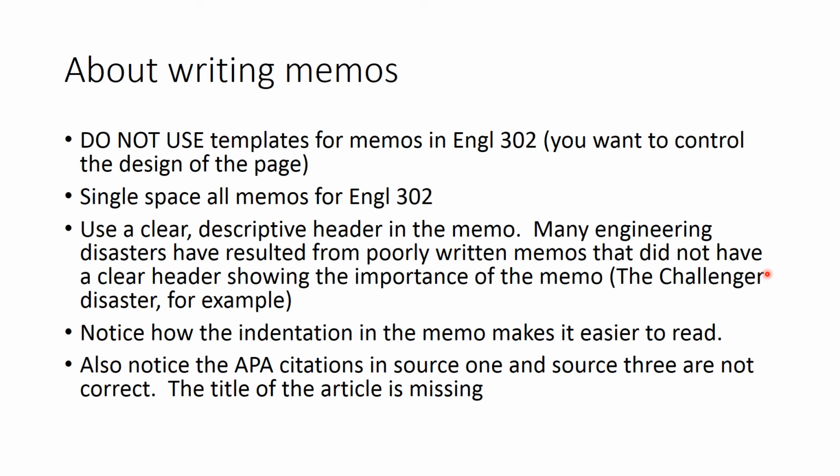The Challenger disaster involved a series of memos and letters between NASA and one of their subcontractors concerning the O-ring. Numerous engineers questioned how well the O-rings would perform on the Challenger.